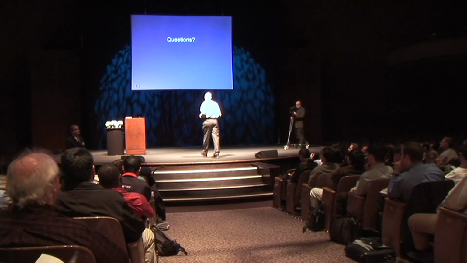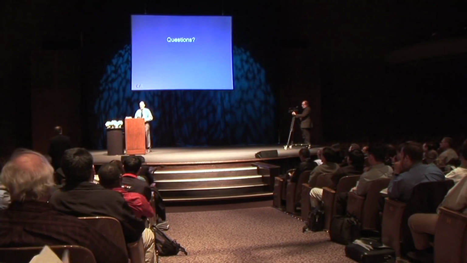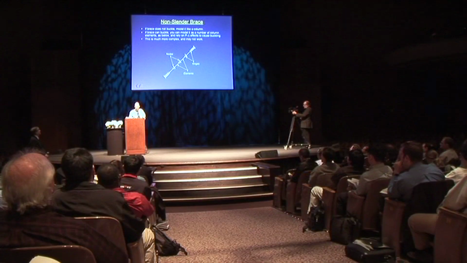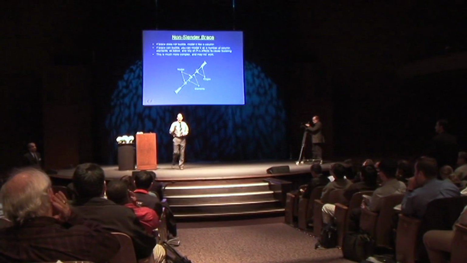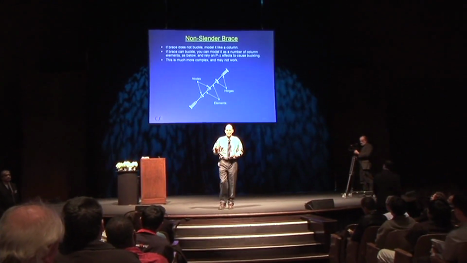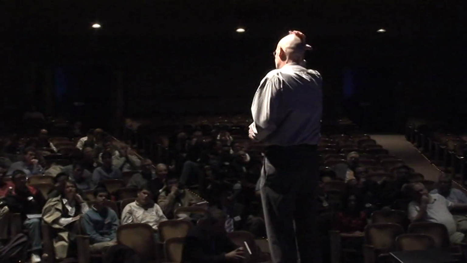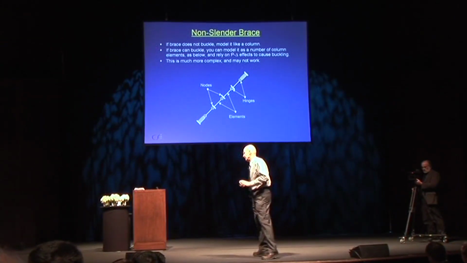However, this gets into the class of problem that I indicated for braces. It was the very last slide that I showed: if it really is important and you have to model it, and it probably shouldn't happen anyway, you have to use a model of something like this, and it actually is a very difficult problem. There is no single simple element that you can use in Perform which will buckle. Well, actually, if you could treat it as a buckling brace with only axial force, then you could do it.